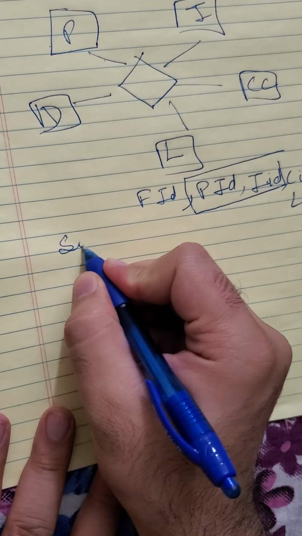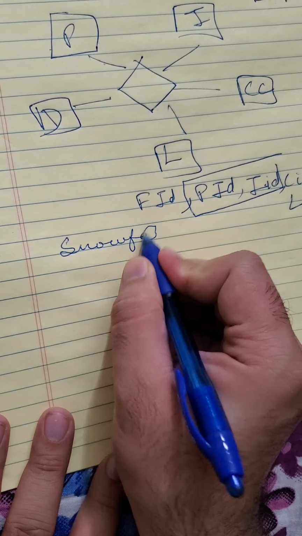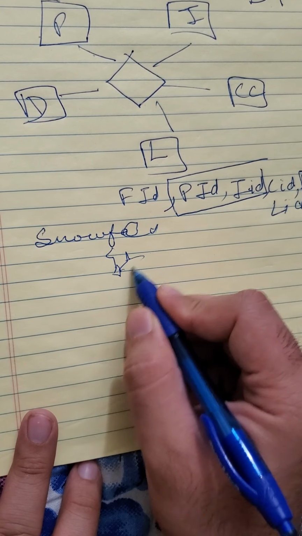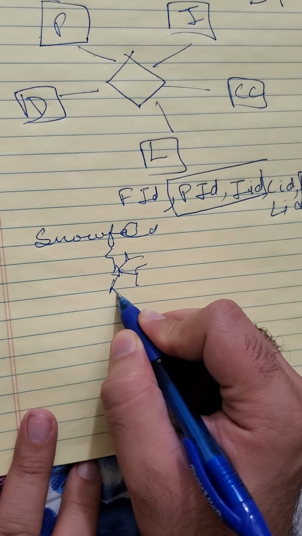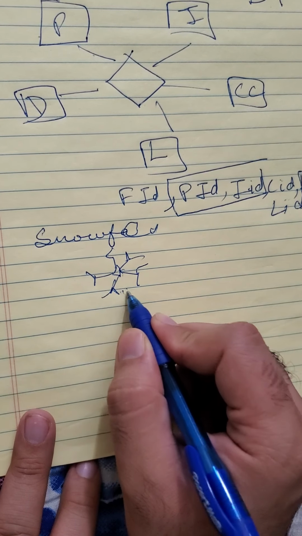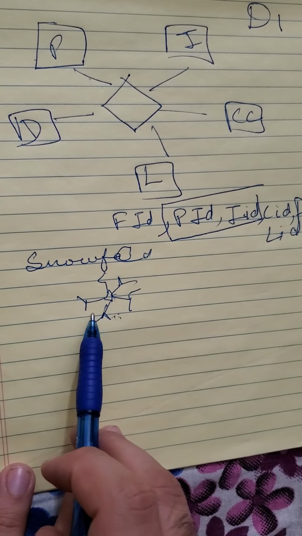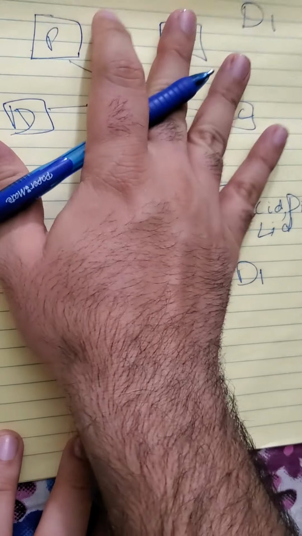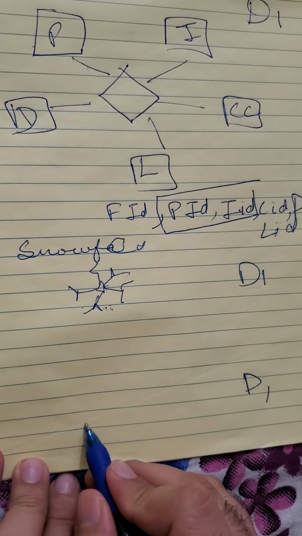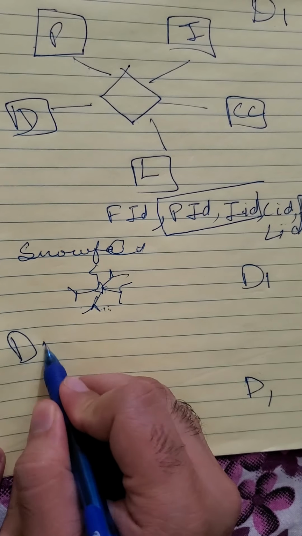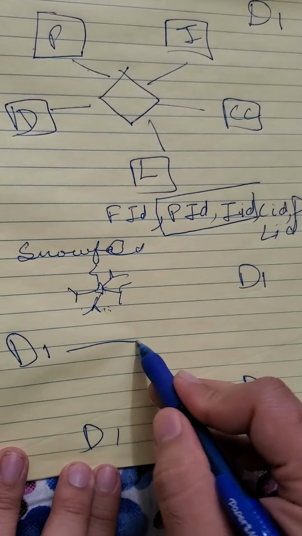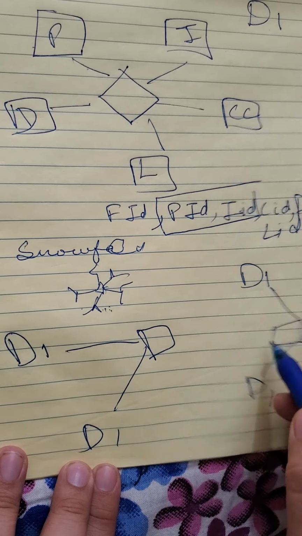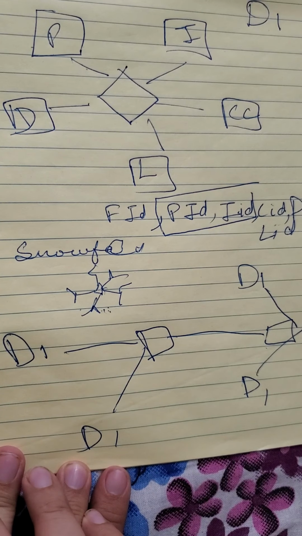So in a snowflake schema, have you seen a snowflake? Snowflake is something like this, in a much more beautiful sense, obviously. So think of a schema in which there are such small data marts like this everywhere, and they are connected to different facts like this, and then these two facts are connected.